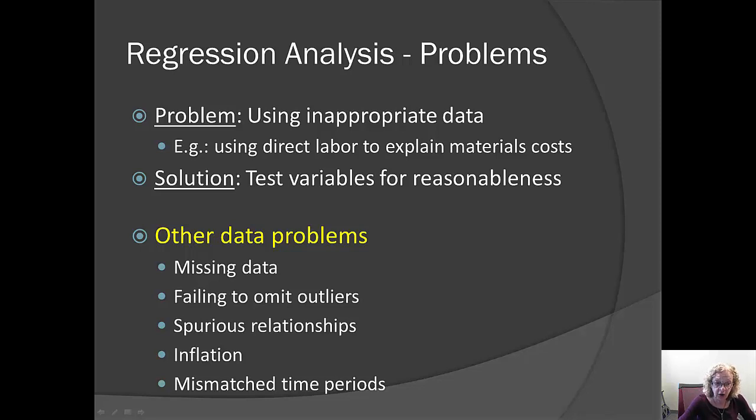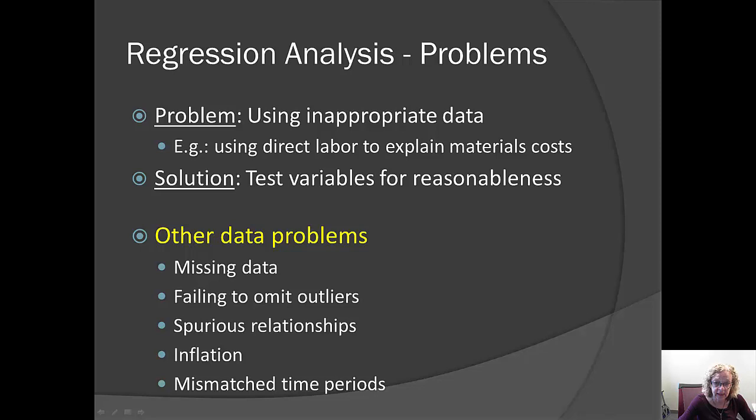We may not check for outliers. We may have ridiculous relationships between predictor variables and outcome variables. Our costs might be affected by inflation, or we may be trying to match costs in one period with activity levels in a different period.